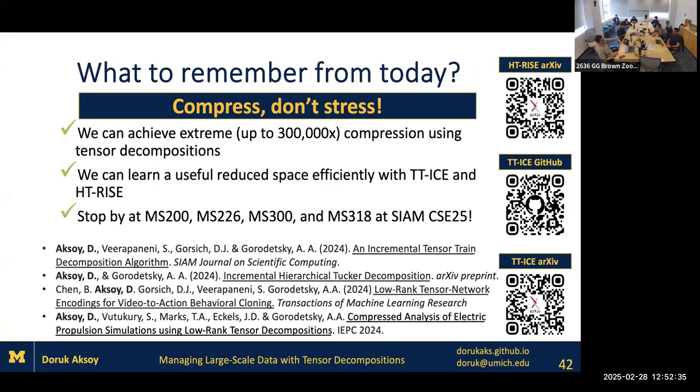So if a rank 1 update is needed, there will be a rank 1 update on one core. That TT rank will grow by 1, or that hierarchical Tucker rank will grow by 1. But if more are needed, it will adaptively tune the number of new basis vectors or new slices that will be added to each core. Right. So for each tensor core.